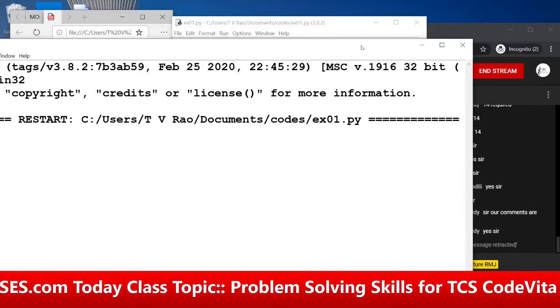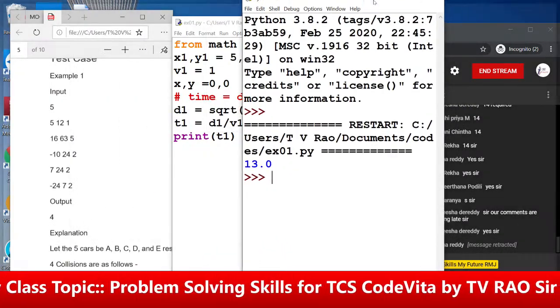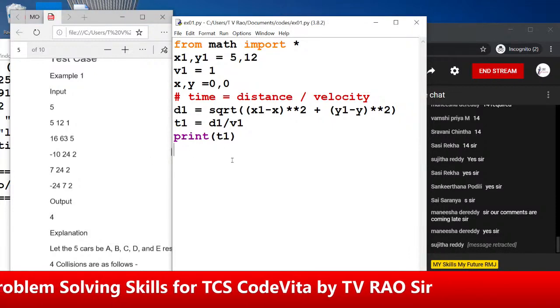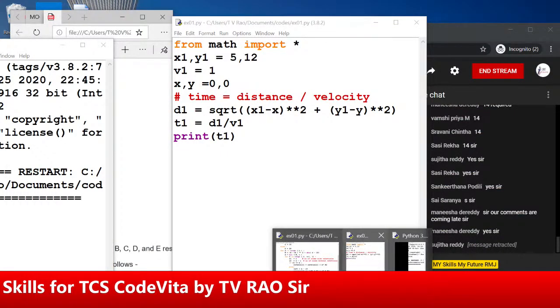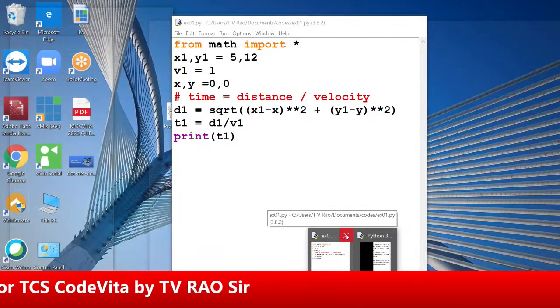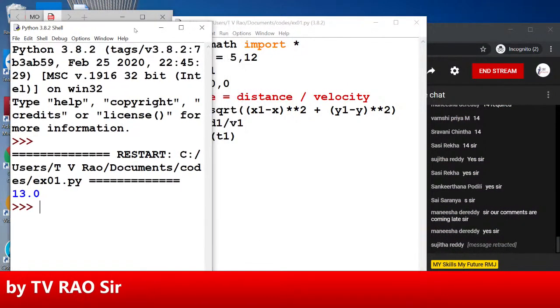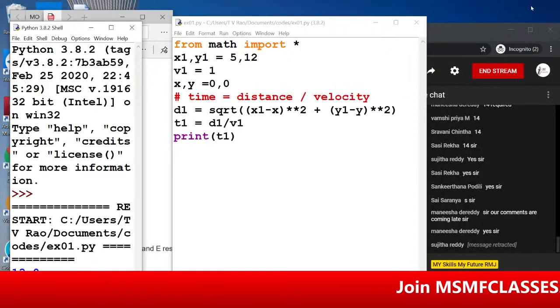So what is time? How much is time? 30. Is this clear?